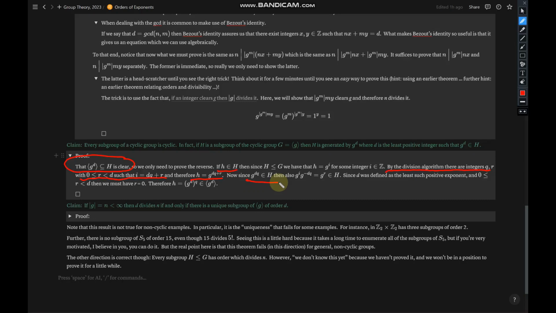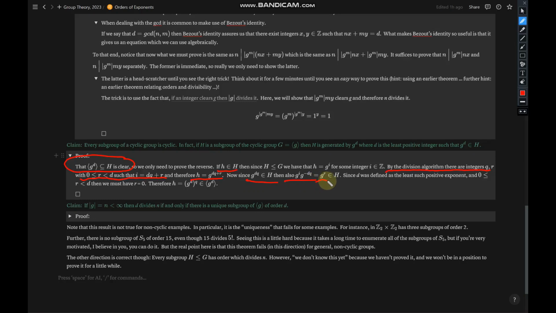And then its inverse, g to the negative dq, is also in H, and that gives us the power to take this g to the i, which is the same thing as g to the dq plus r, and take its product with g to the minus dq. That's a product of two elements in H and therefore is in H, but it simplifies down to just g to the r.